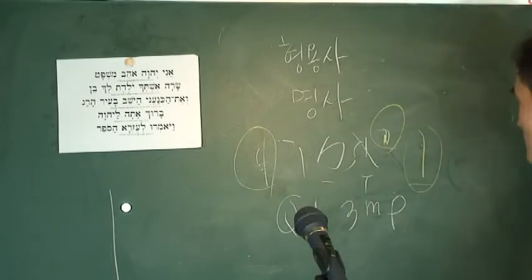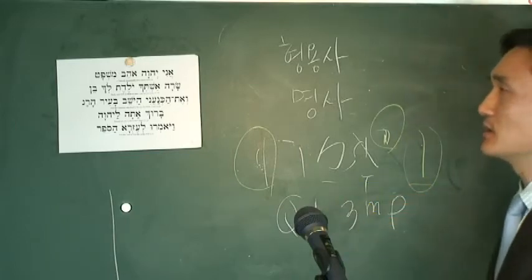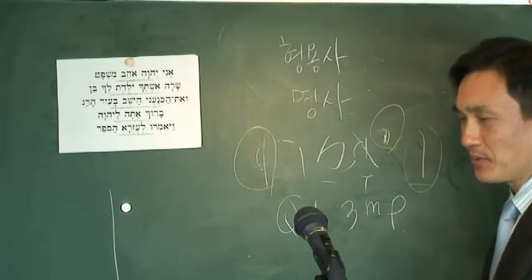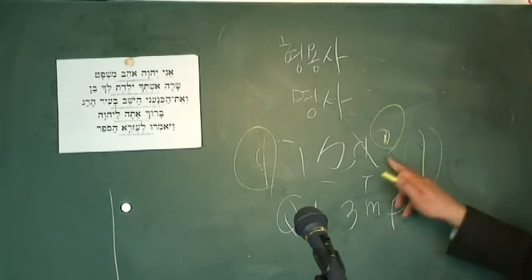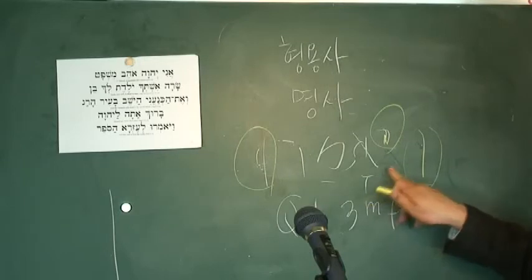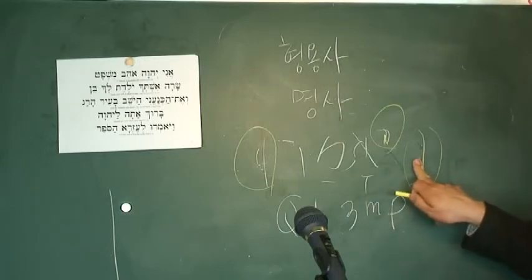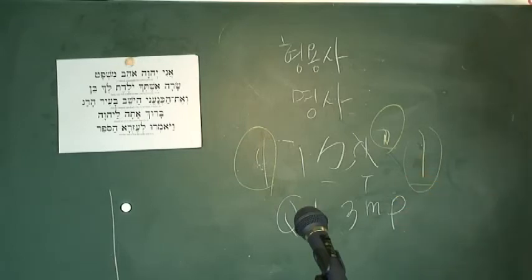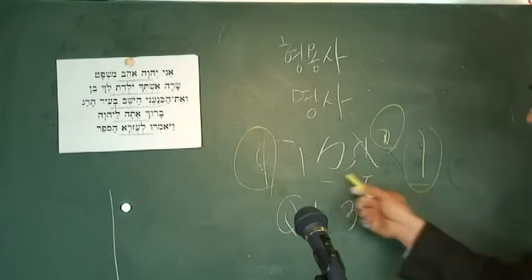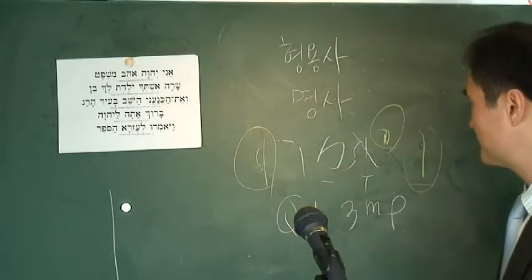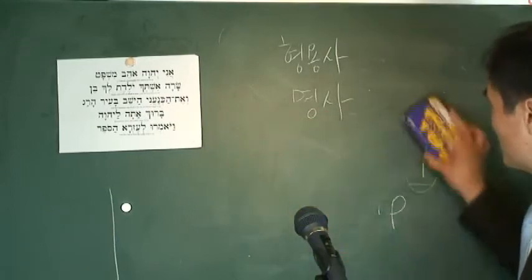Vav is a conjunction that means and. This is called the vav consecutive of the conjunctive particle. This is an imperfect form, but it becomes a perfect form when it is combined with the conjunction vav.